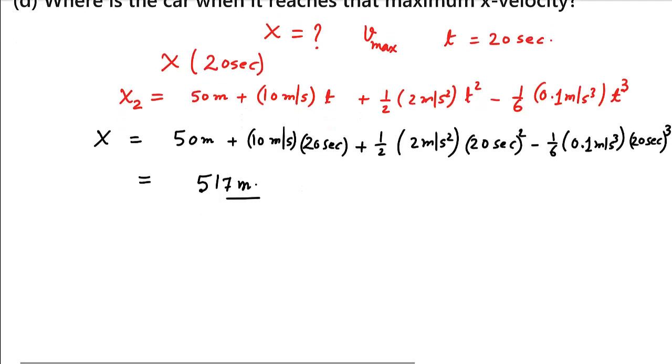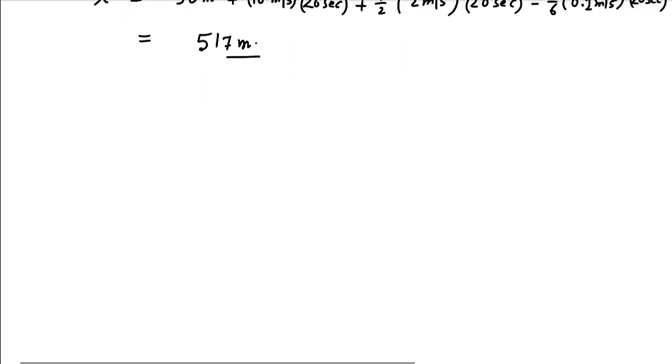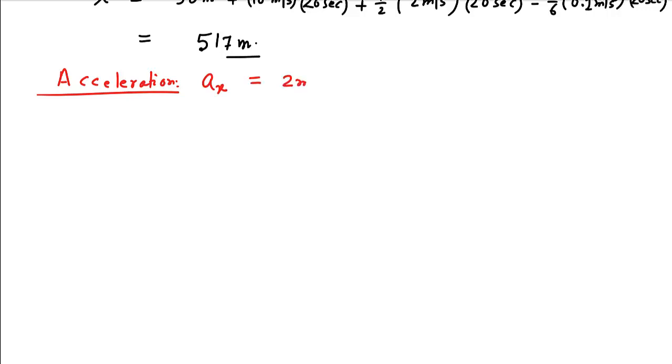Now let us try to plot all this. We will first plot acceleration, that is ax. What was the expression for ax? If you remember, ax was 2 meter per second square minus 0.1 meter per second cube times t.